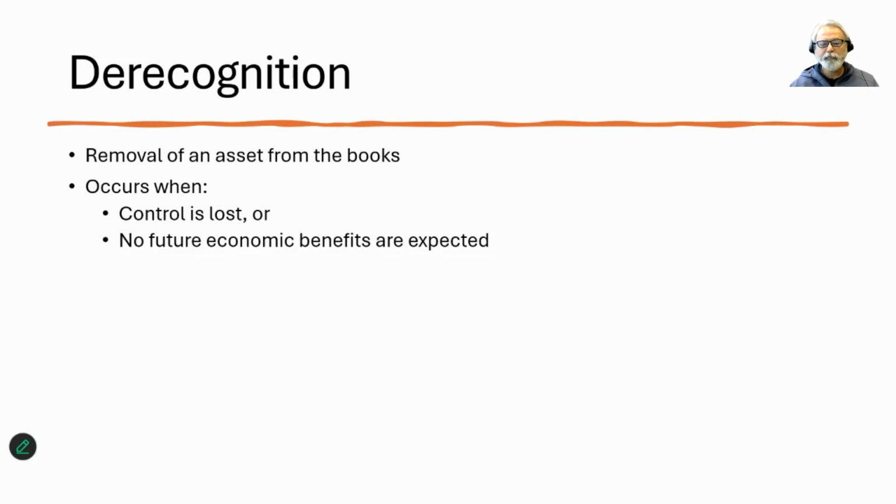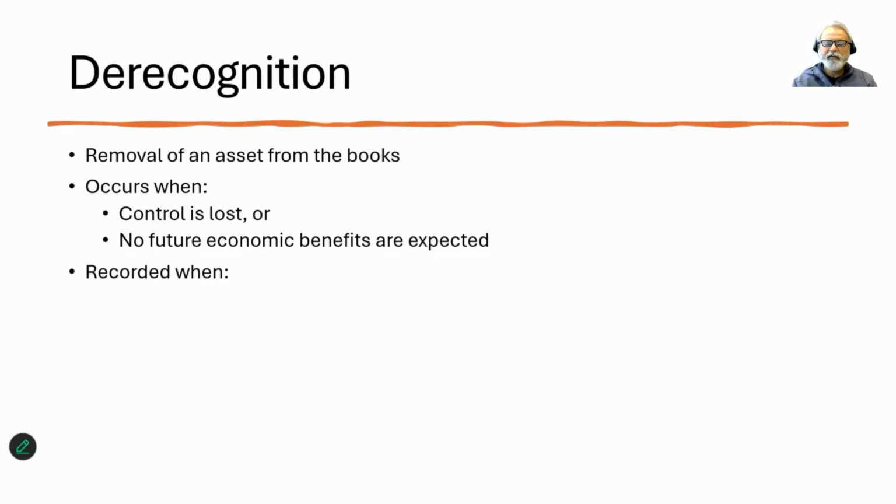An asset, remember, is a resource controlled by an entity from past events from which future economic benefits are expected. So if the entity no longer controls the asset, derecognize it. If, let's say, no further economic benefits are expected, it's no longer an asset, derecognize.